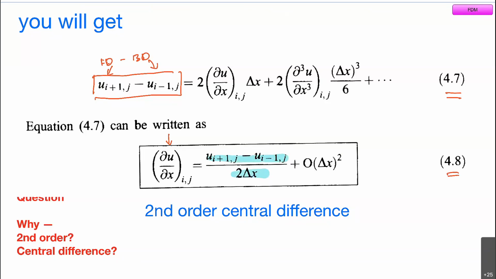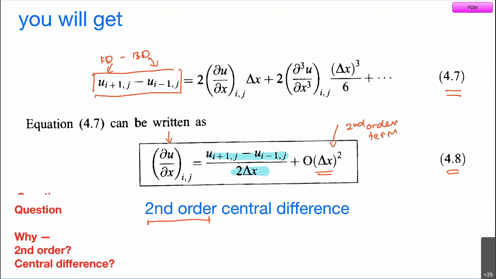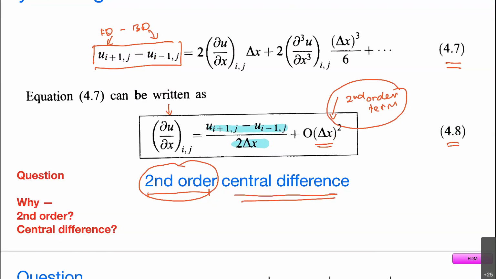Plus now you have a delta x squared term. Because we have a higher order term, now we call it second order, because we have a second order term, central difference. The question that can be asked is why we call it central difference. Second order is self-explanatory because of the second order term on the right side, but why is it called central difference?